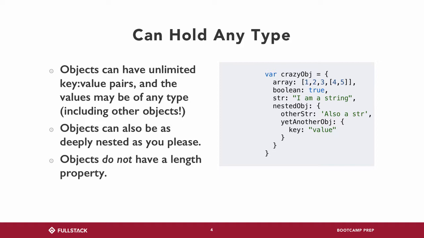You can have crazy objects in objects in objects that go on forever. I don't fully recommend that, because then it's a really big object, and transporting it around is hard and accessing the things is hard. But it's definitely possible to have it nested as much as you want.